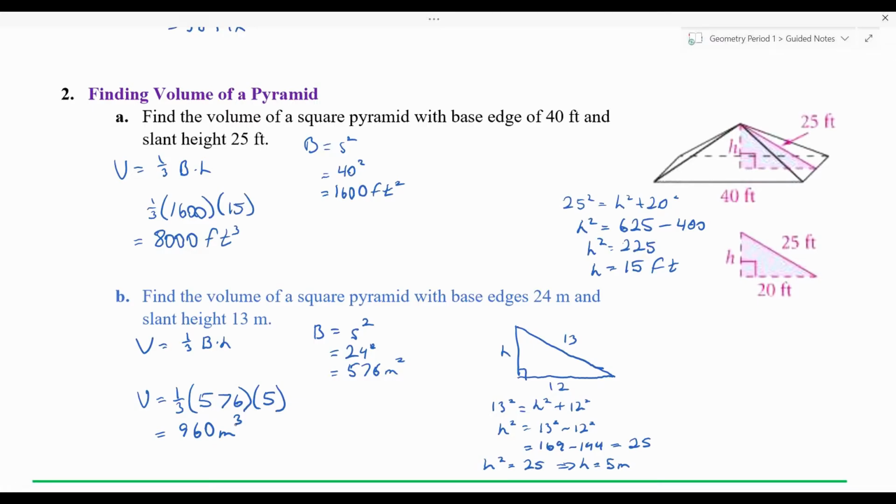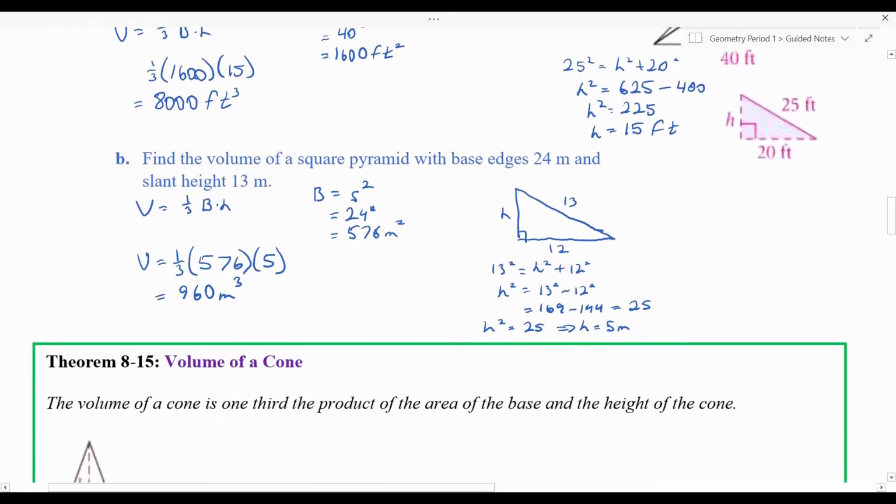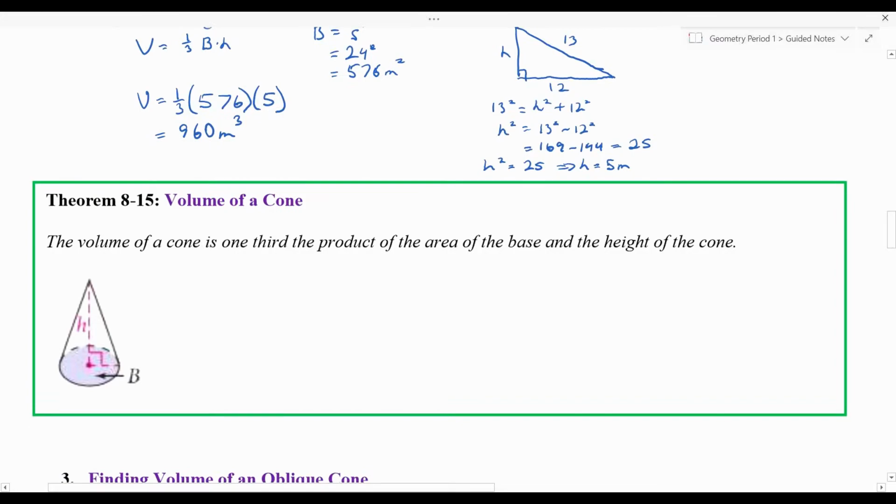Okay? Moving on from pyramids to cones. And we start with theorem 815, which states the volume of a cone. The volume of a cone is 1/3 the product of the area of the base and the height of the cone.